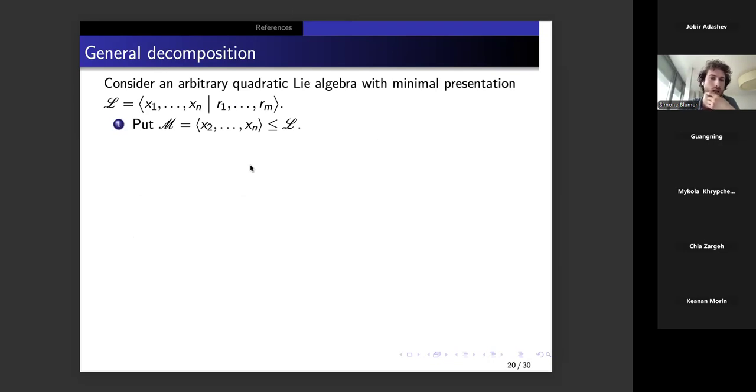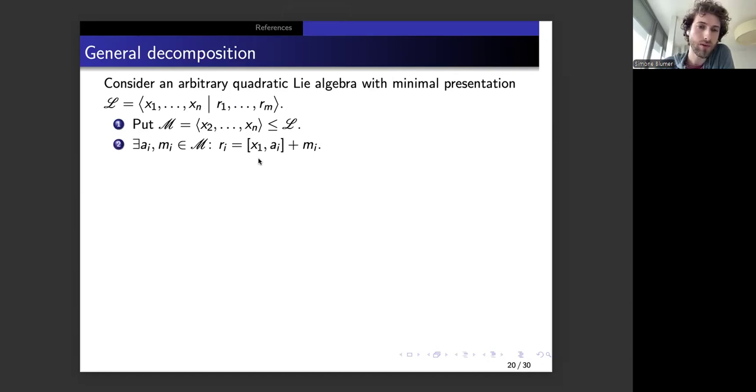First of all, we fix a maximal standard subalgebra, which is a subalgebra that is standard, and so that its degree 1 component is one codimensional in the degree 1 component of L. So we can take it quite arbitrary among all the standard subalgebras of L.